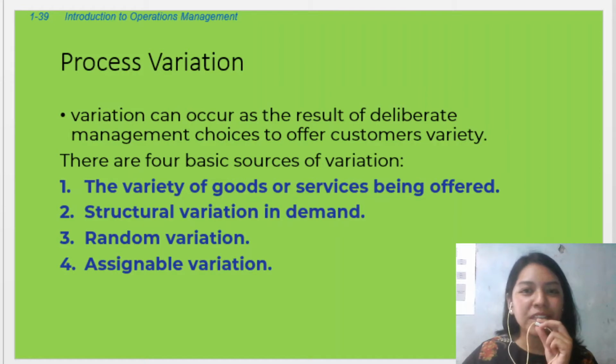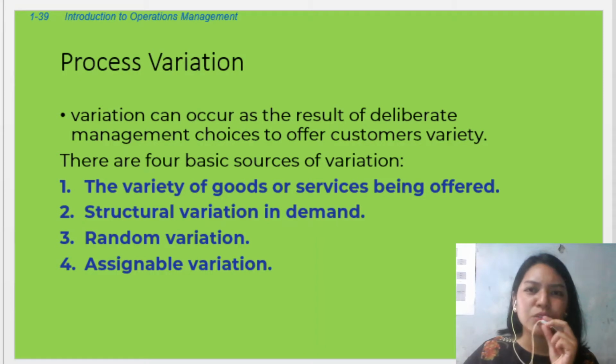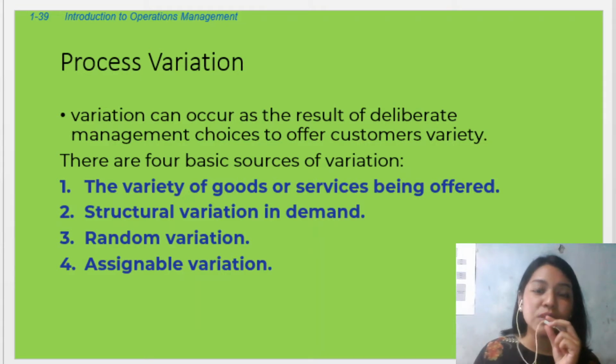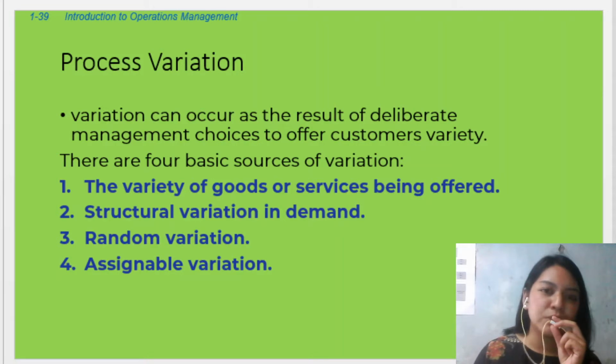Meron ka pang panglinis ng CR, many different kinds of soaps. So, hindi lang detergent. Hindi, meron ka pang mga Clorox or chlorine or whatsoever. So, doon pala makikita natin na merong variety of goods that are being offered by the company. So, because of that, magkakaroon talaga ng process variation.